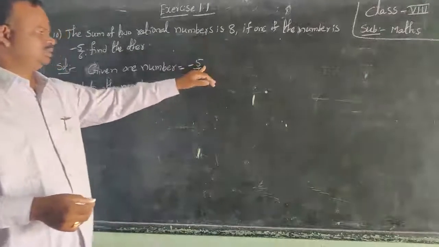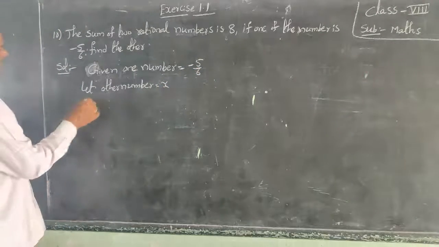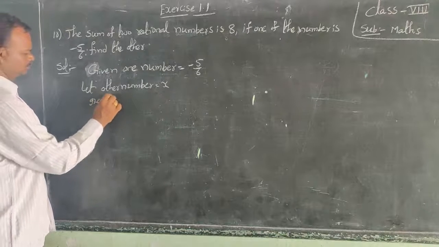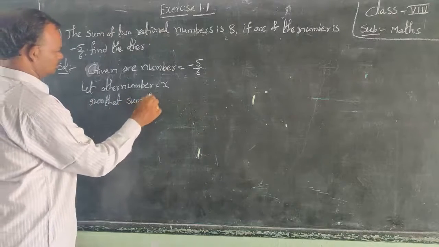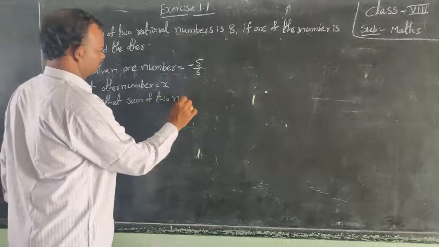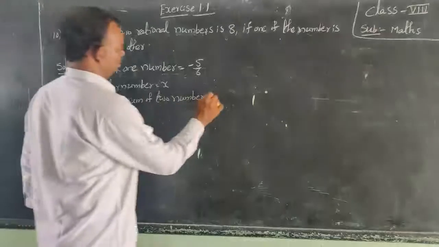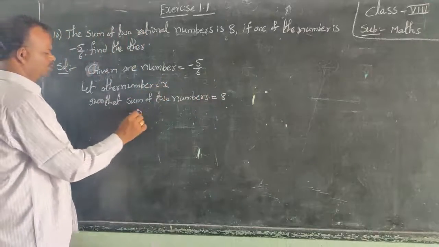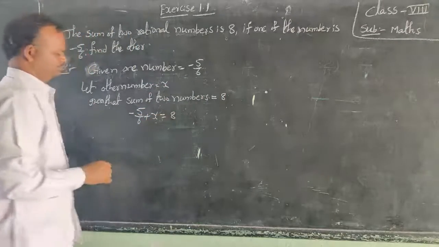So the first number is minus 5 by 6 and the second number we are taking as x. Given that the sum of the two numbers is equal to 8. That means adding these two numbers, minus 5 by 6 plus x is equal to 8.